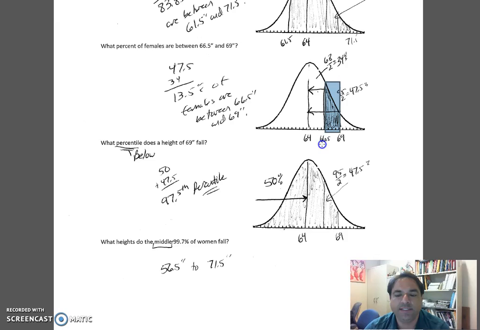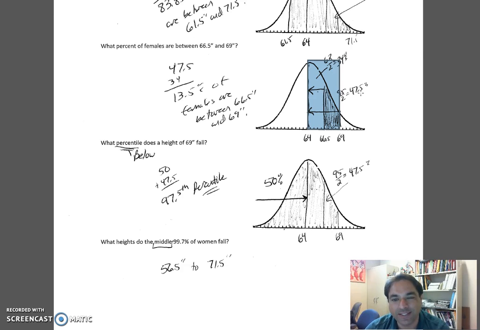66.5 falls in the 68 interval, divided by 2, that's 34, not shaded. Keep that in mind. 69.5 falls within the 95% interval, halfway is 47.5.